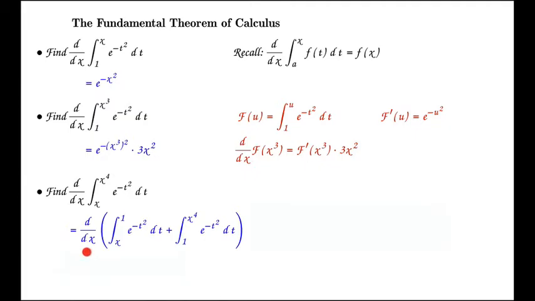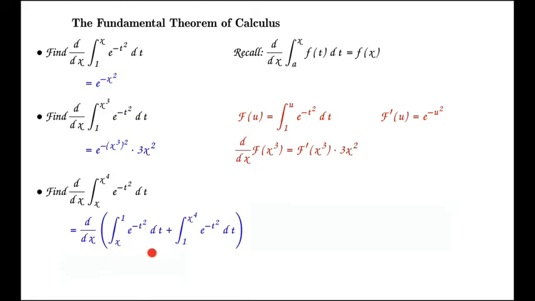So we can rewrite this as the derivative with respect to x of the integral from x to 1 of e to the minus t squared dt plus the integral from 1 to x to the fourth of e to the minus t squared dt. So we split the original integral into two separate integrals.